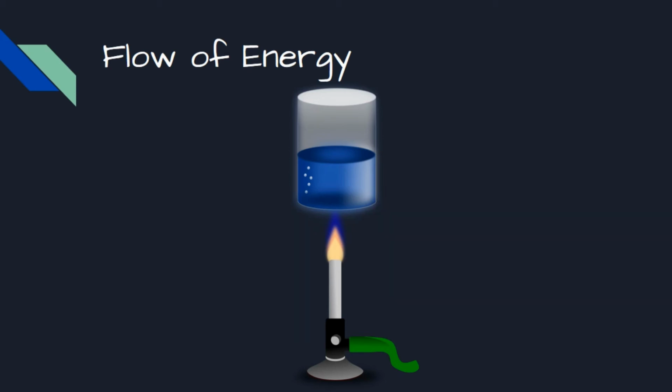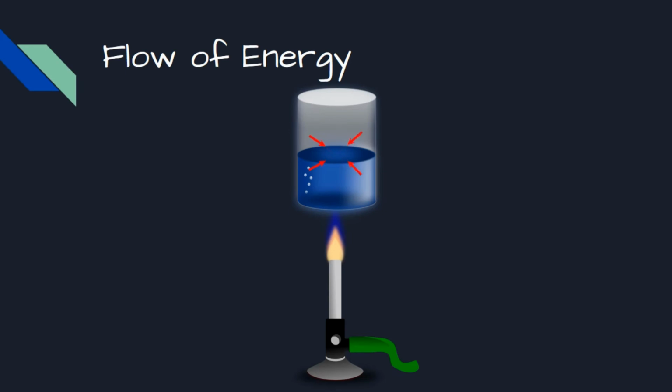Well, I'd like you to look at it from a different perspective. Okay? What if, instead of looking at the flame, we look at the solution in the beaker? What's the flow of energy for the solution in the beaker?